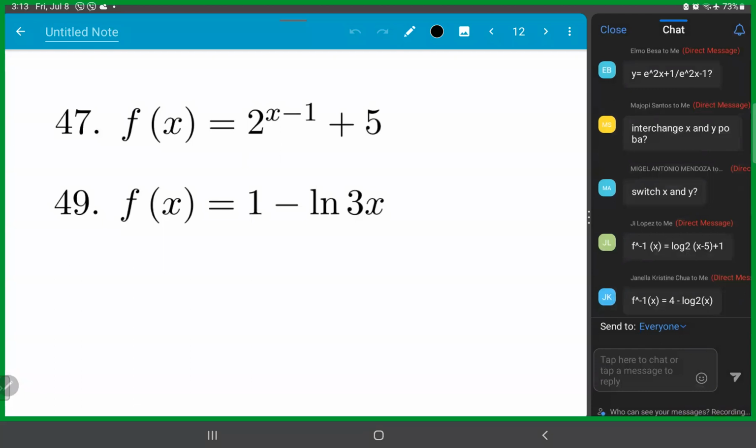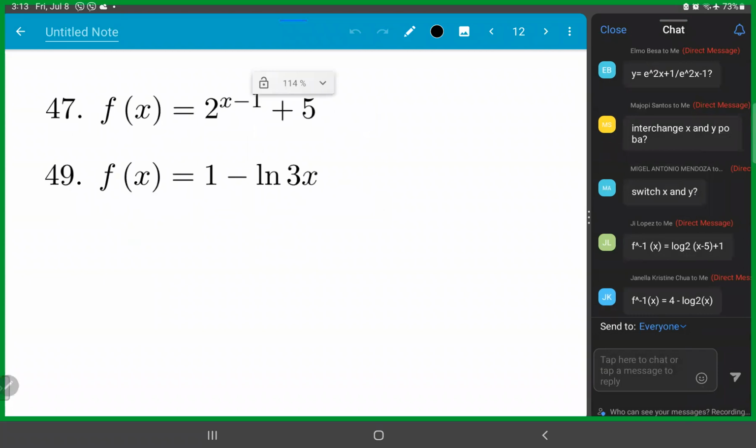Alright, so for Lopez answer, Chua. I'll just write down the solution. 47.